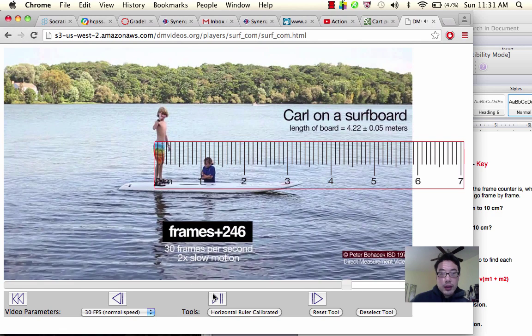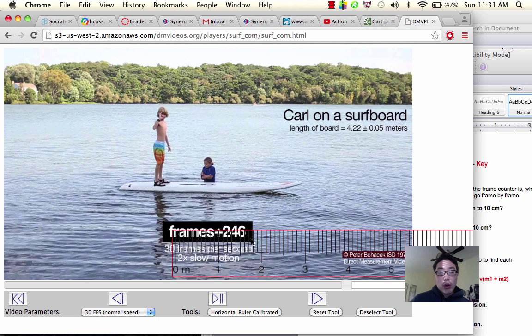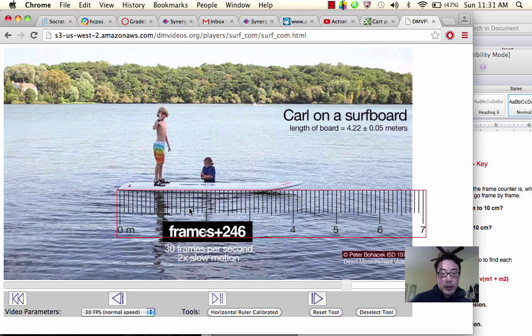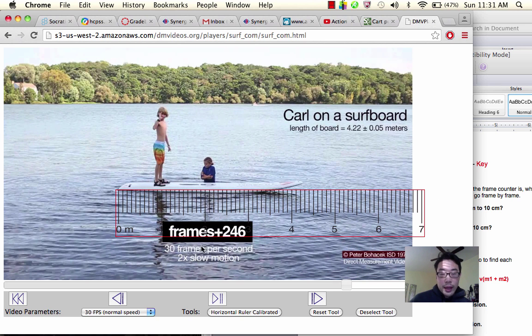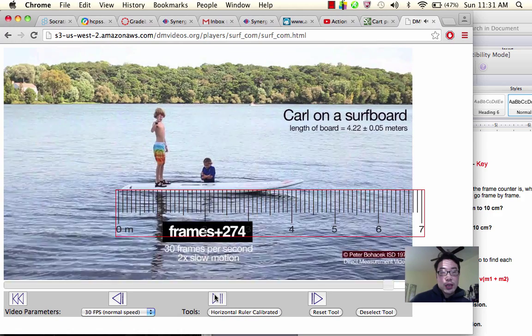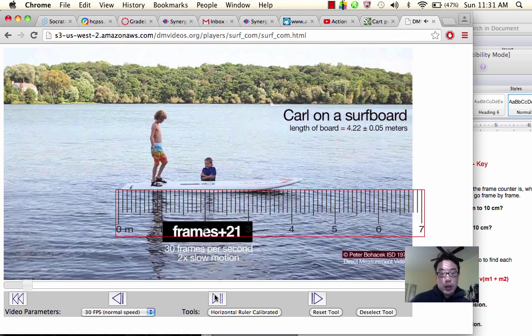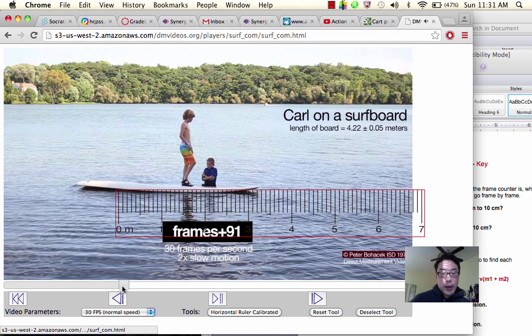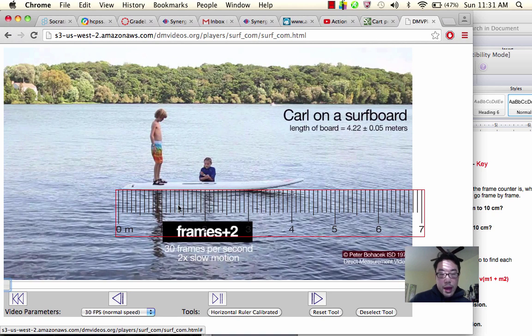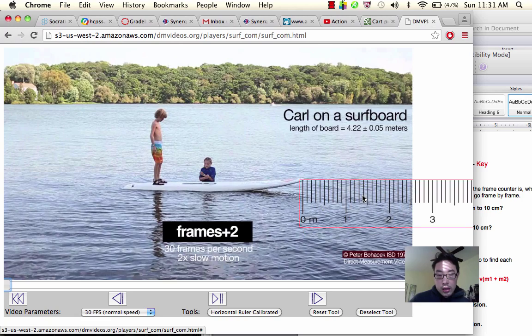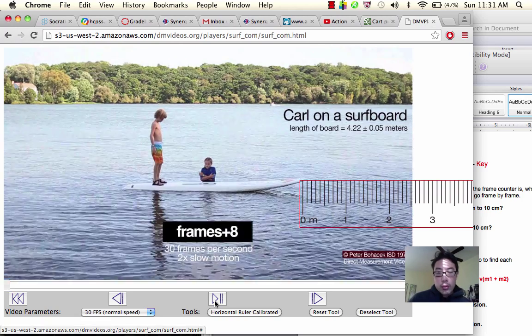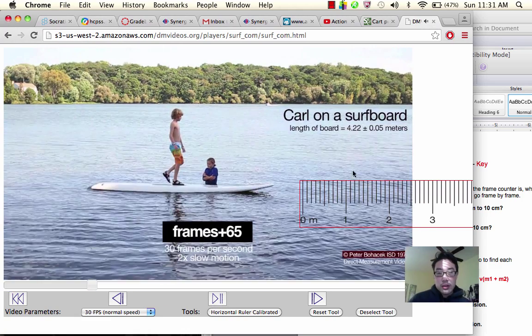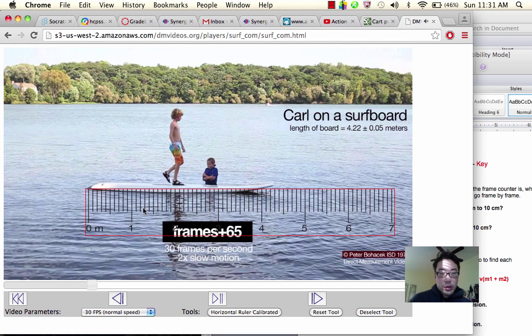so that it says forward, and we can see how his displacement changes. I can also find the displacement of the paddleboard if I put it on the end of the paddleboard. In this case, I'll have to go back. So if I go back from there, you can see that there's a displacement.